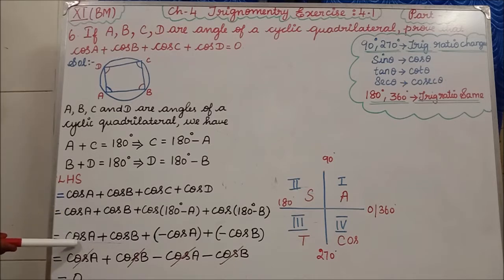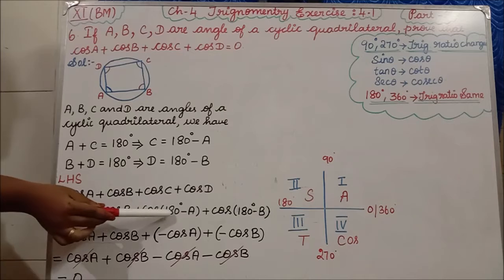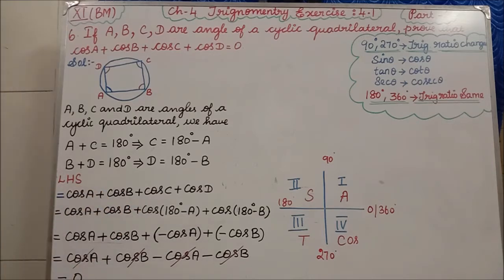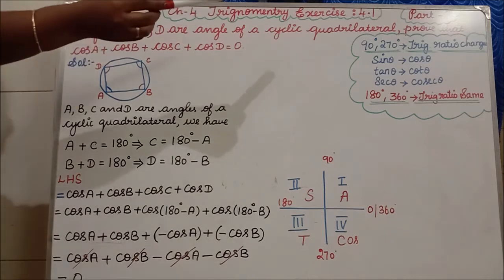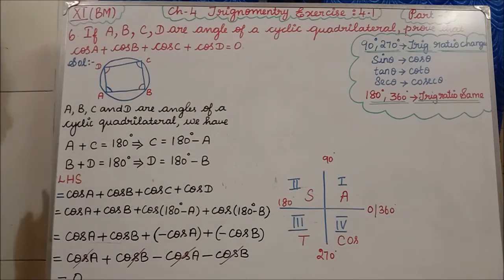So cos A I am writing as such, cos B I am writing as such, cos of 180 degrees minus A. See, the trigonometric ratio will change when you are using 90 or 270 degrees. I told you in part 1 session itself.